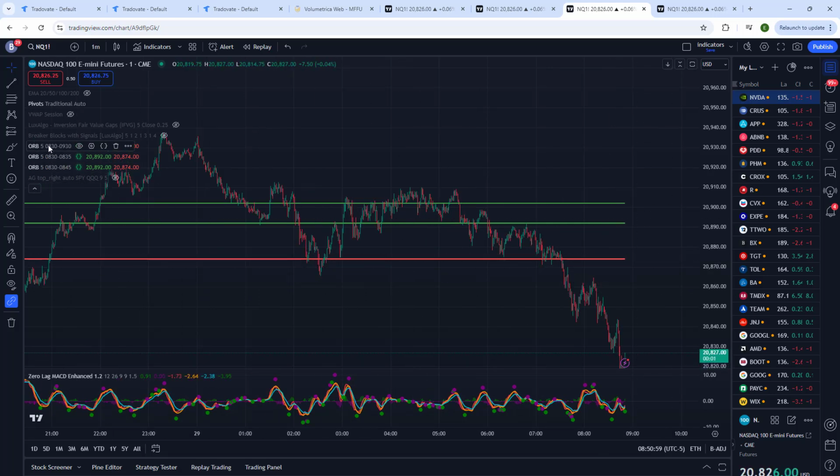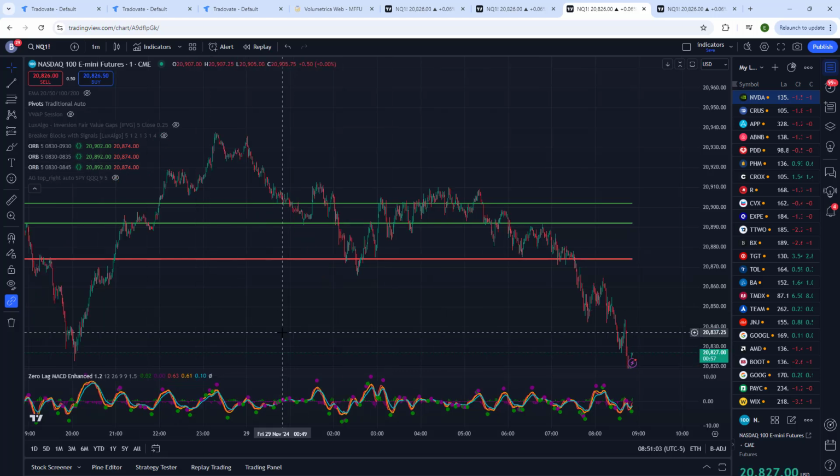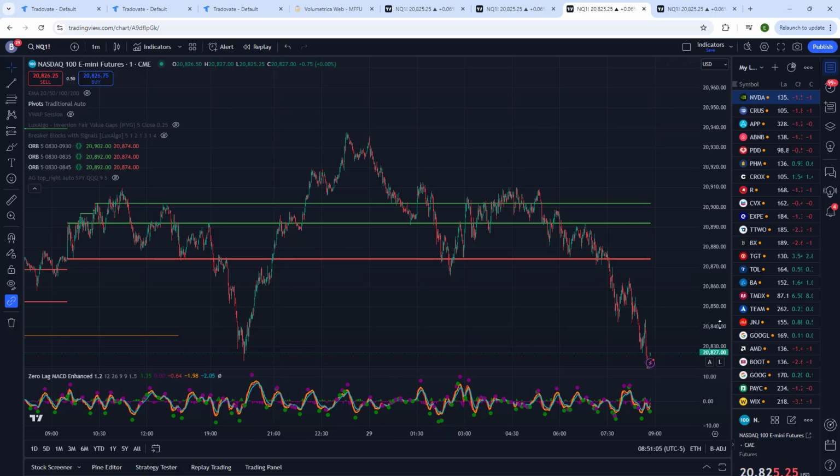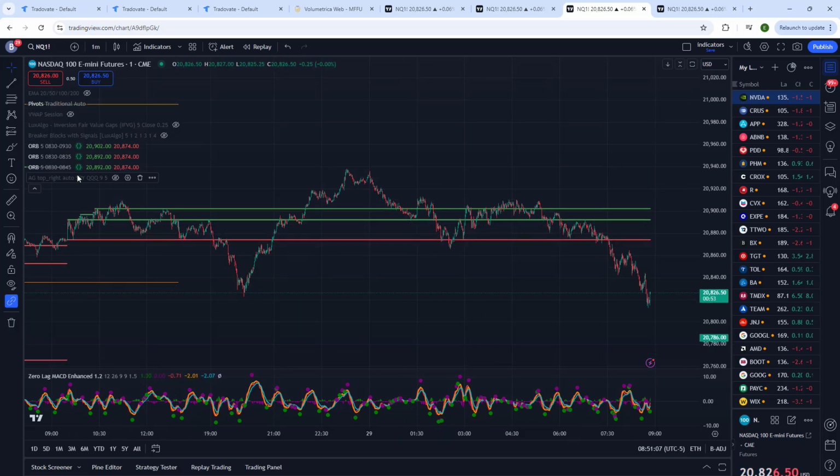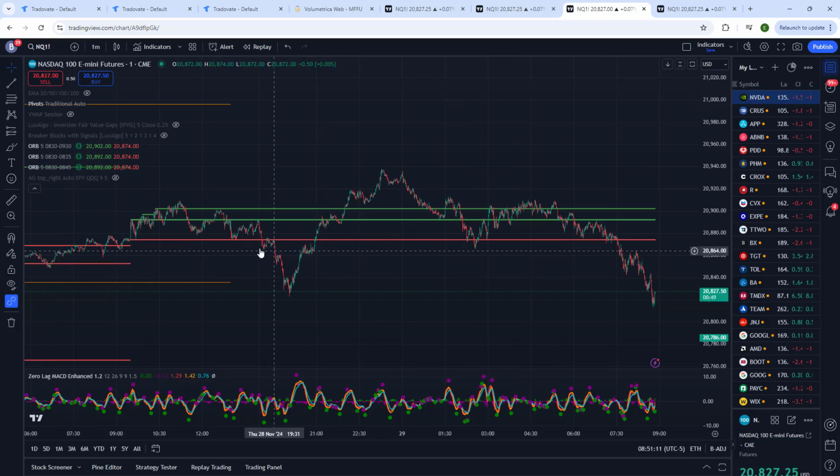After the first half hour, I disregard the opening range 5-minute, and I just trade off the 15. And then after that, I still use the 15 through the day, and then the hourly is great as well. You could see how it creates support and resistance. It's pretty nice.